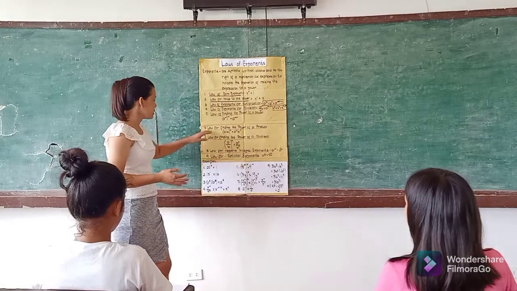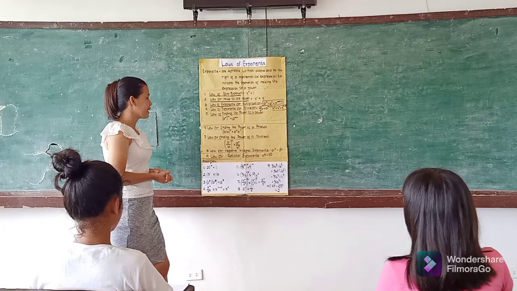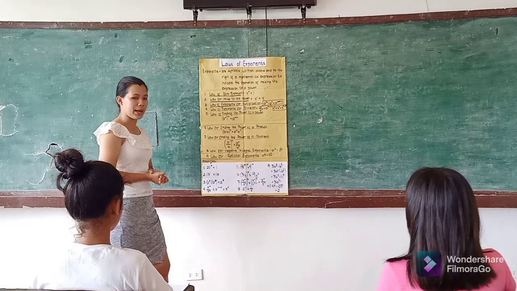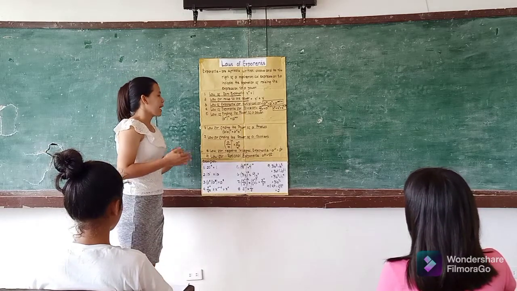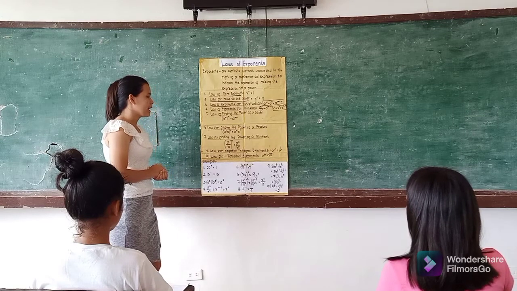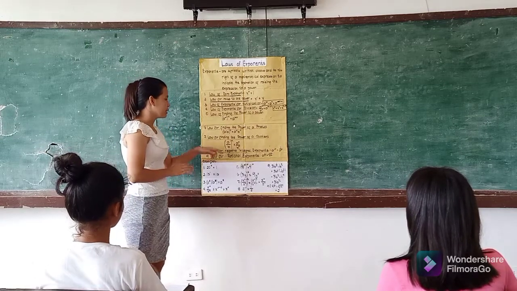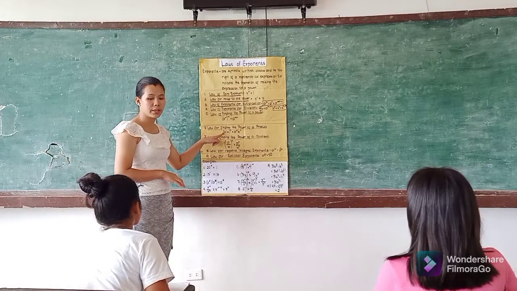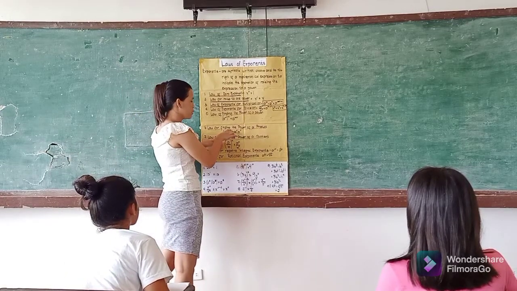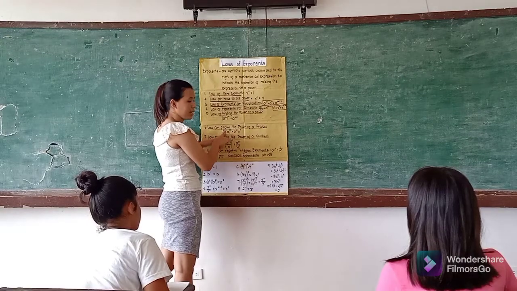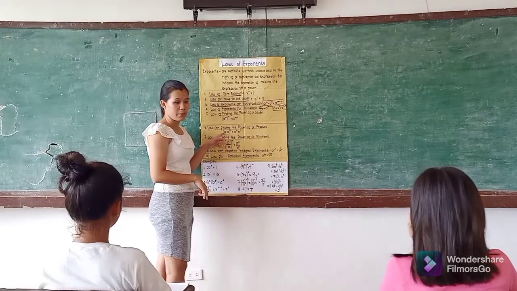Okay, number 6. Law for finding the power of a product. In the power of a product, in this law, you are now going to distribute your exponent inside the quantity of the variables.